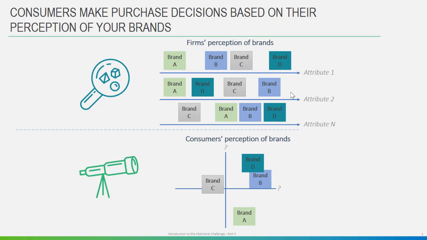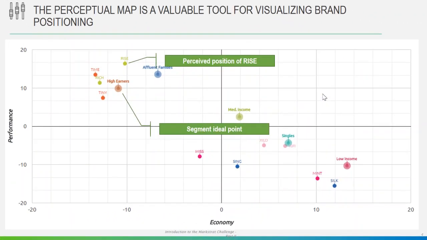At the bottom you've got a perceptual map. We talked about these in our intro marketing class. Basically you're able to physically map perceptions of brands and attributes on a map, and it works out really well to help us get a clear graphical view of what's going on.